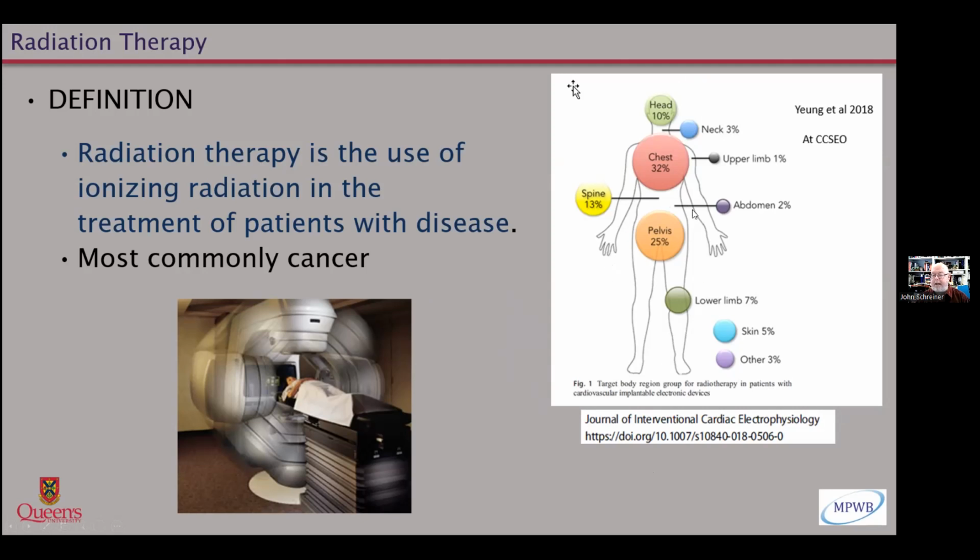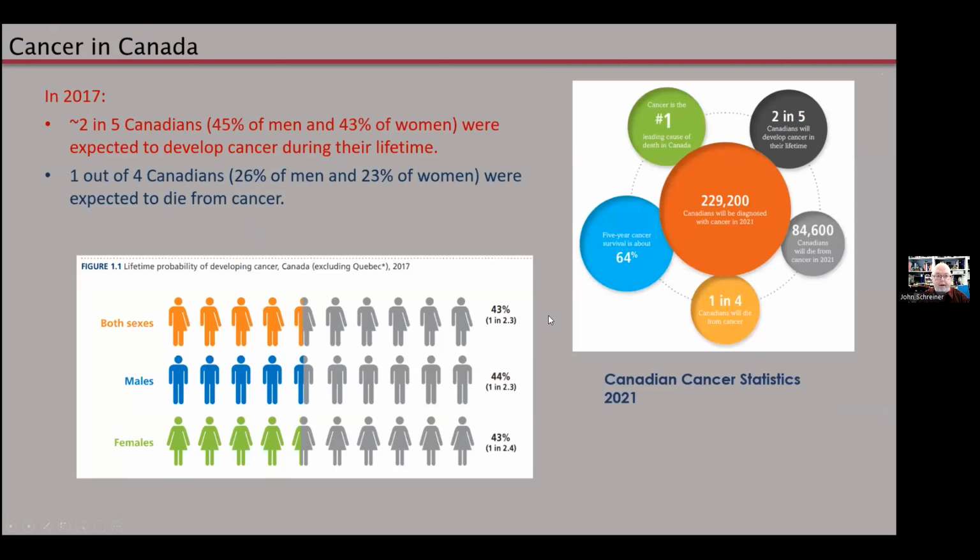We're treating in the pelvis, prostate cancer for males, cervix cancer for females. We're treating in the head and neck, so that we're treating sites all through the body. Cancer is the main disease that we try to treat, although there are some other diseases.